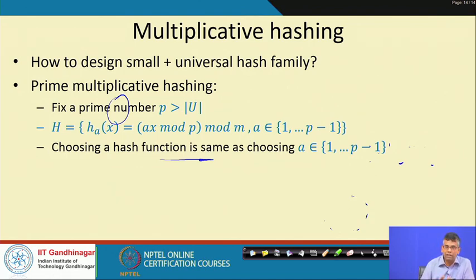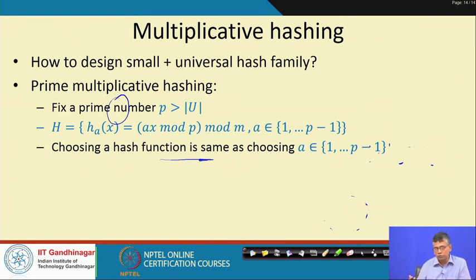So, now what do we have? We have a number in the range from 0 to m minus 1, which is exactly what we desired, and we use this number as the value h_a of x, which means the place to store x in the array of size m.